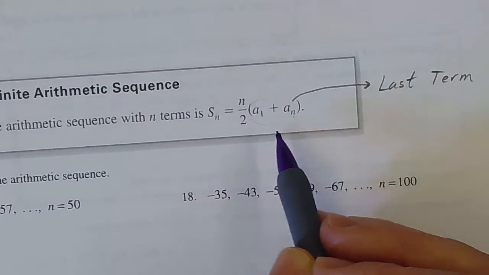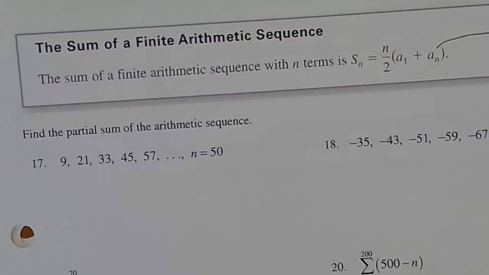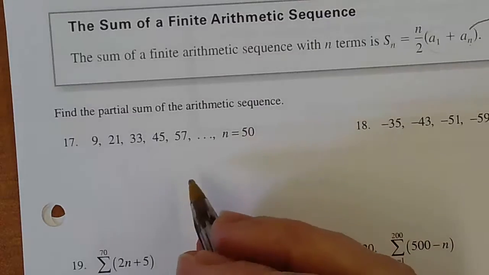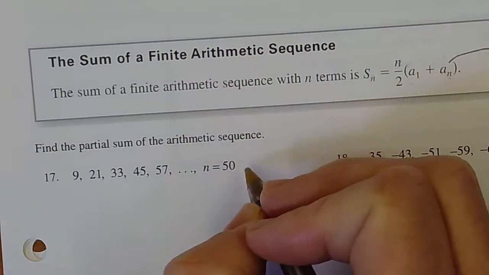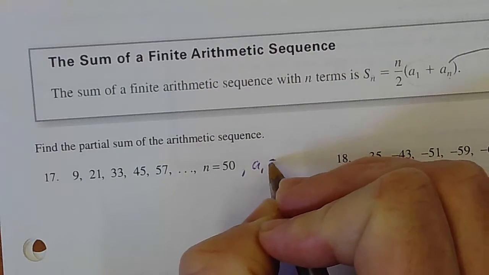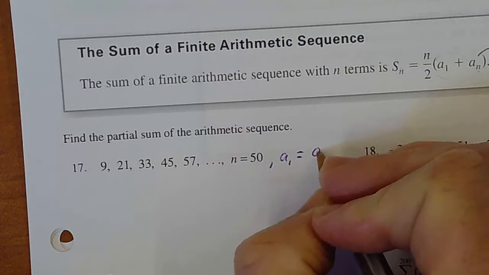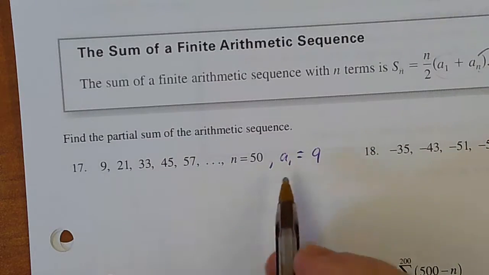All right, let's take a look at 17. Let me walk you through this. What do I have right now? They give me n is 50, so I know I have that. Do I have A sub 1? Sure, the first term of the sequence is listed right here as 9. So what are we missing? We're missing A sub n, I'm missing A sub 50.